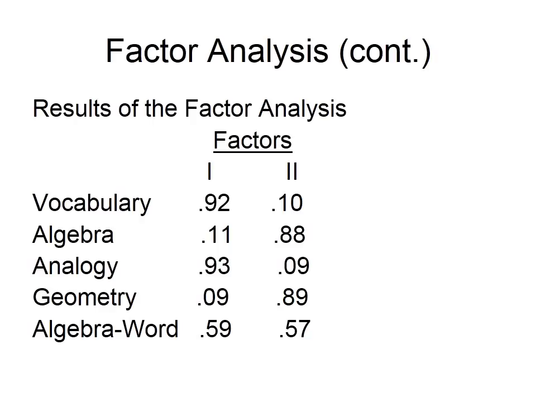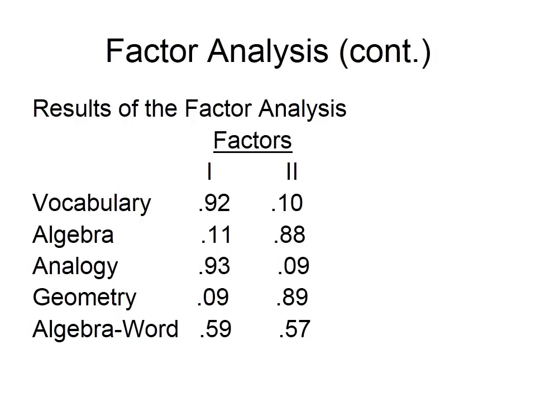And in fact, the evidence that we get here is not just that they're interrelated, that there's actually broadly two underlying factors in this particular cognitive ability test. There's factor 1, where vocabulary loads heavily, 0.92, and analogies load very heavily, 0.93. And then there's a second factor where algebra loads 0.88 and geometry loads 0.89, and these are called factor loadings.